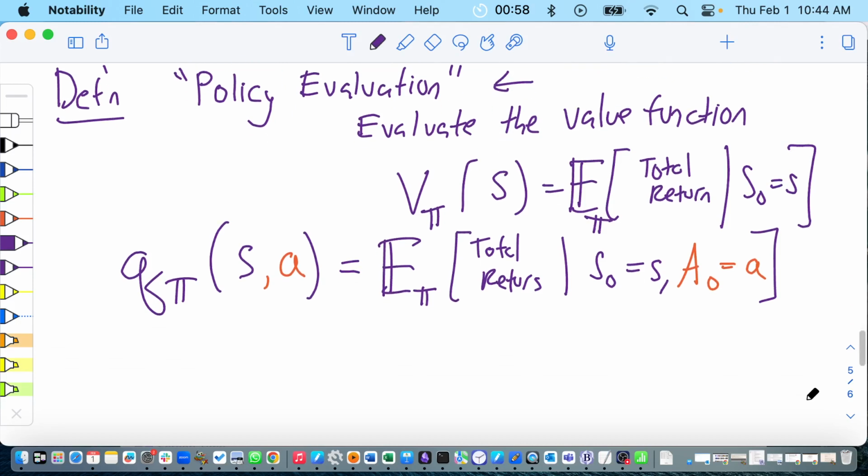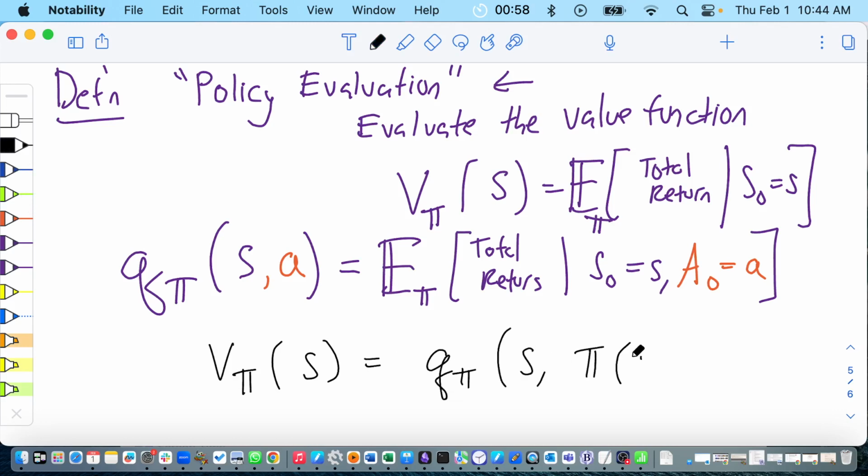Here's a little fact you can verify: V pi of S is equal to Q pi of S, pi of S. If you're following the policy pi right now, starting at state S, then you get the value function for following the policy forever. This Q function is going to come up, and we're going to see that we want to make choices that make the Q function large. So this is all the setup for what we're doing in the rest of the course.